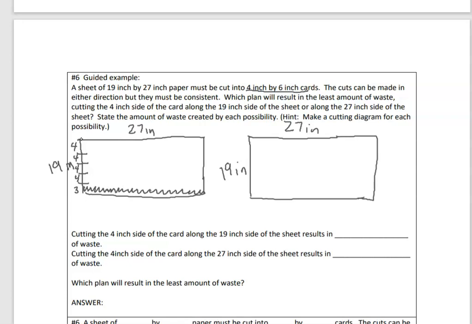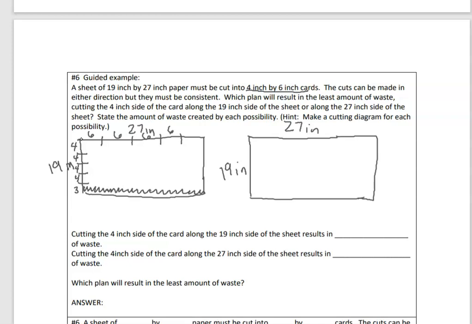Now, the cards are 4 by 6, so if we're going to do it this way, we're going 6 inches this way. Well, how many times will 6 go into 27? 6 times 4 is 24, so 4 times, because we don't have enough to make the extra. So here's one that's 6, another one that's 6, this is 6, and another one that's 6.